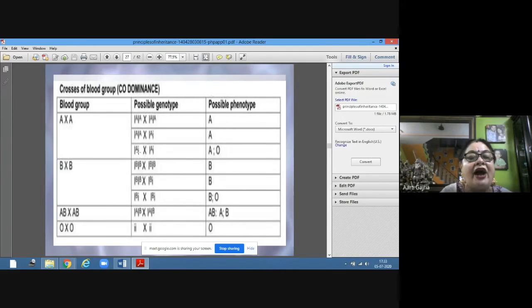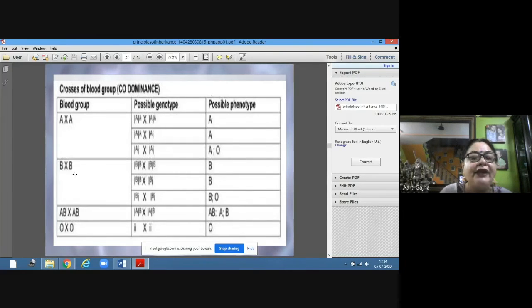And if Ii and IAi is the combination of parents, then if the sperm is getting IA and the egg is getting IA, the child would get A. If small i and small i is the contribution, the child would get O.